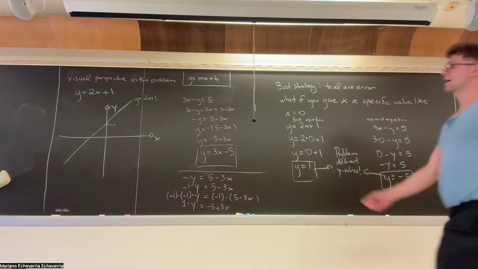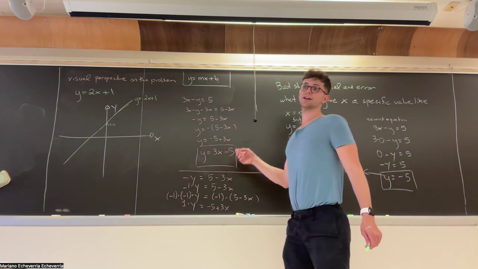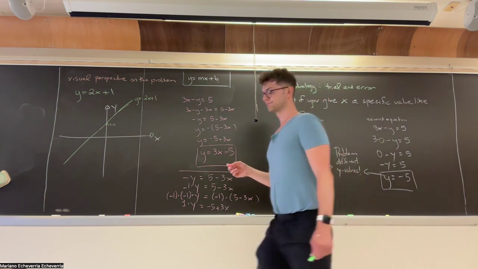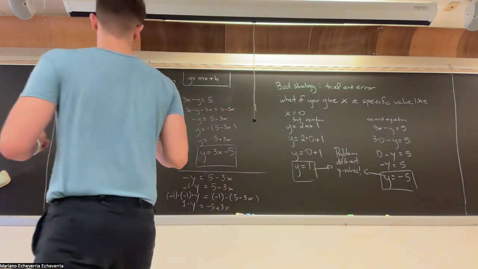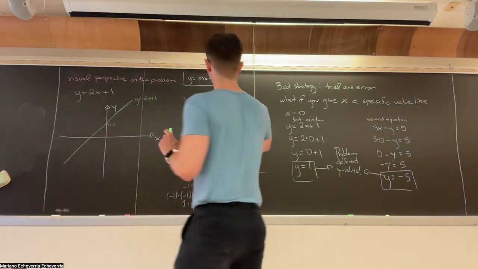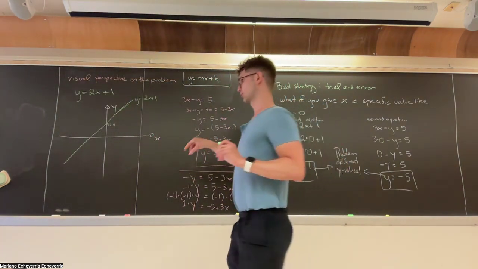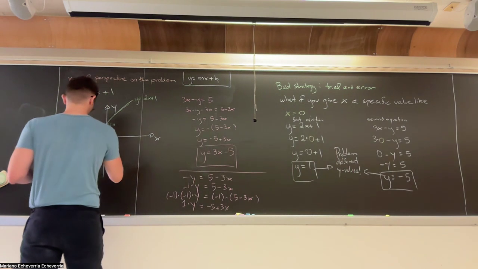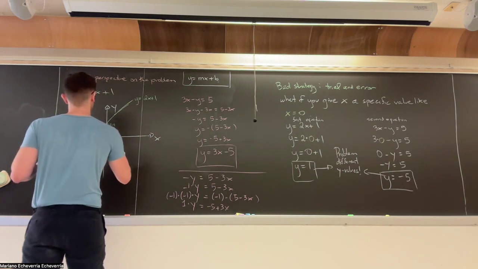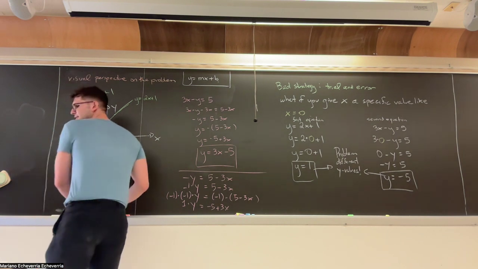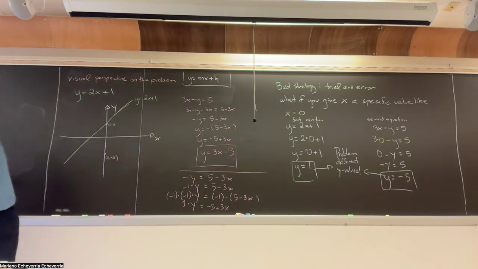Okay, and now I do have the line in a format that I like. So what does this mean? The intercept is at -5. That means that this line is going to pass somewhere near this point. Again, you don't have to do things at scale. Just a somewhat reasonable picture is enough.